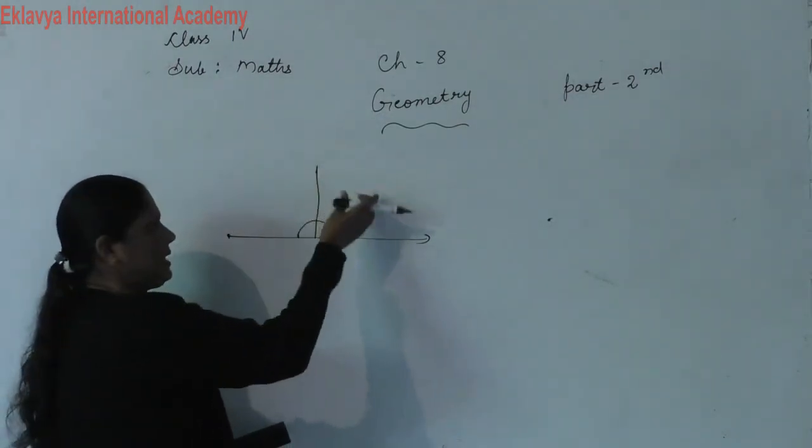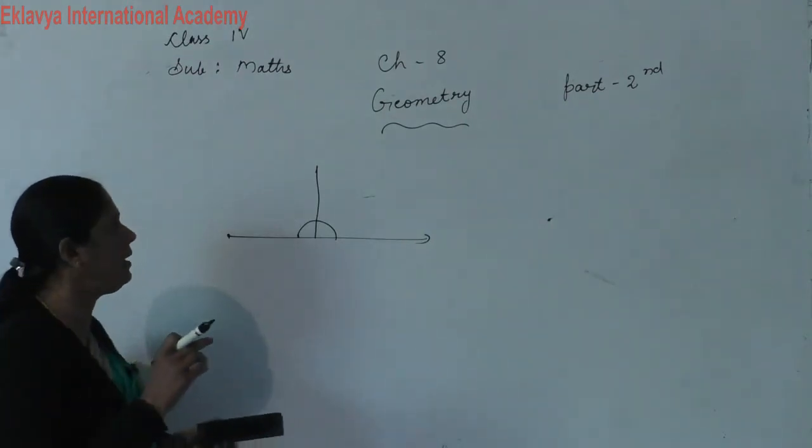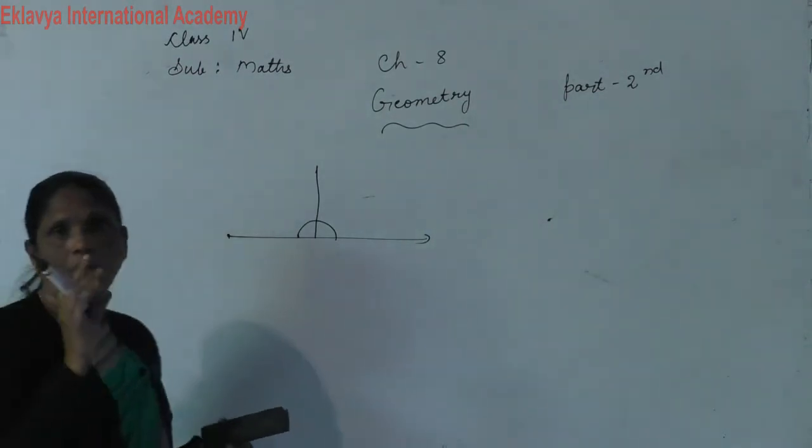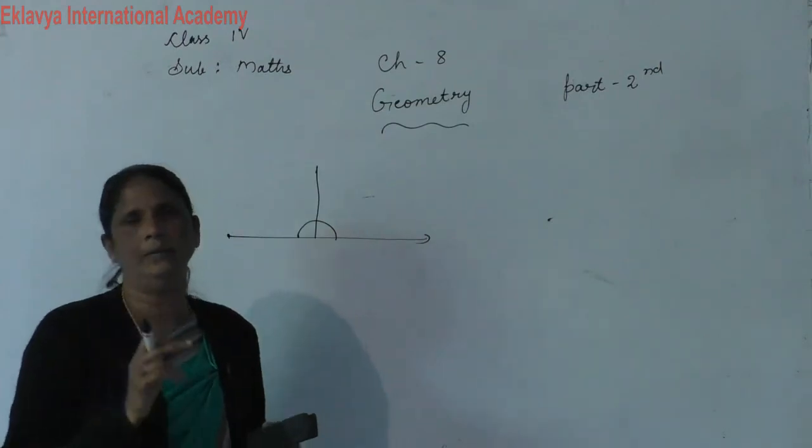This is one, this is one. Two right angles make one straight angle.